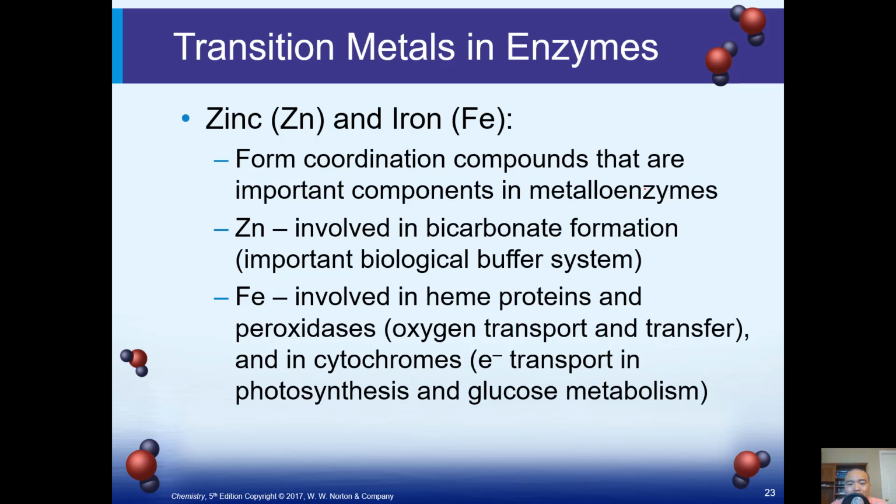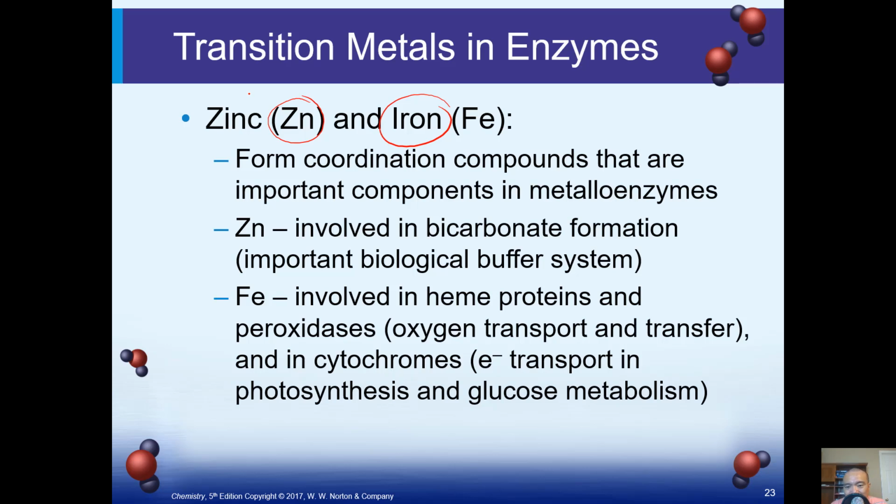We are going to talk more about different transition metals serving different functions in the biological system. For example, iron and zinc are the only transition elements that are considered as trace essential elements, and the transition metal cations form a coordination complex by bonding to nitrogen atoms in the amino acids of proteins.